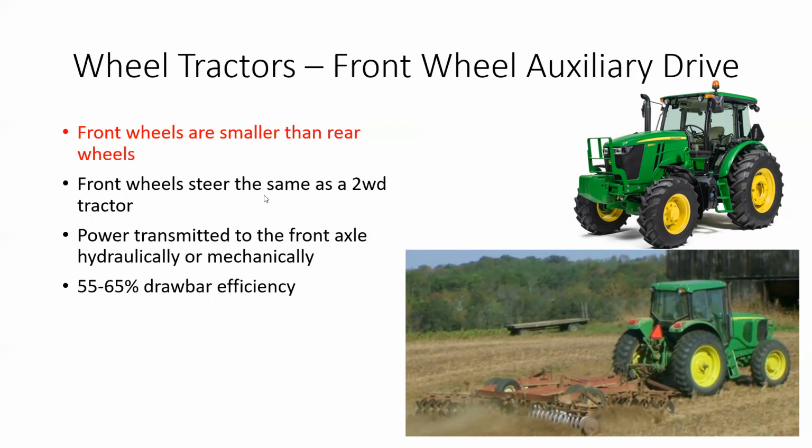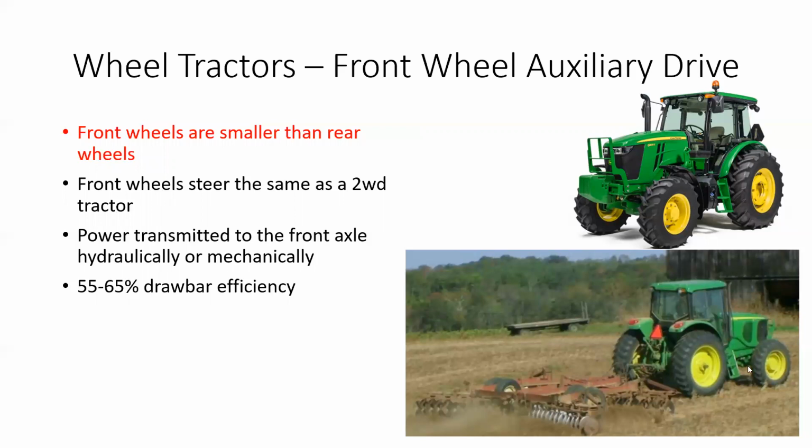So they're a little bit better than a two-wheel drive tractor. We get a little bit more drawbar efficiency, 55 to 65%. So again, imagine 100 engine horsepower. We're going to get 55 to 65 drawbar horsepower when we're towing things around. So a little bit better, but you're not getting double the traction of a two-wheel drive tractor or something like that.